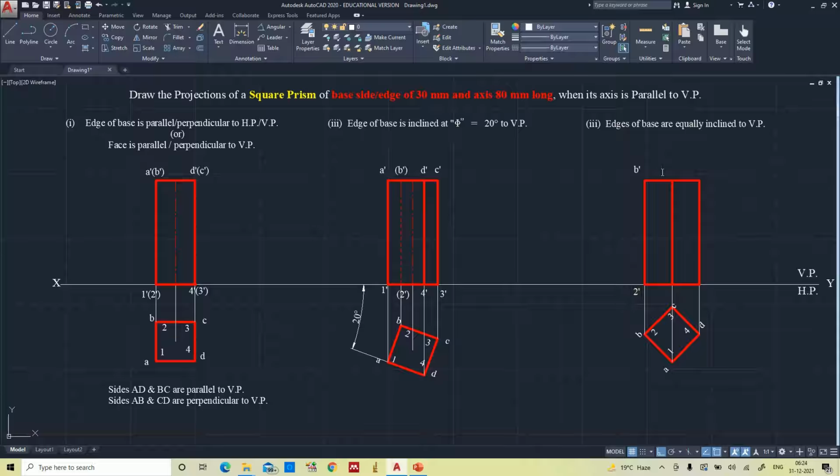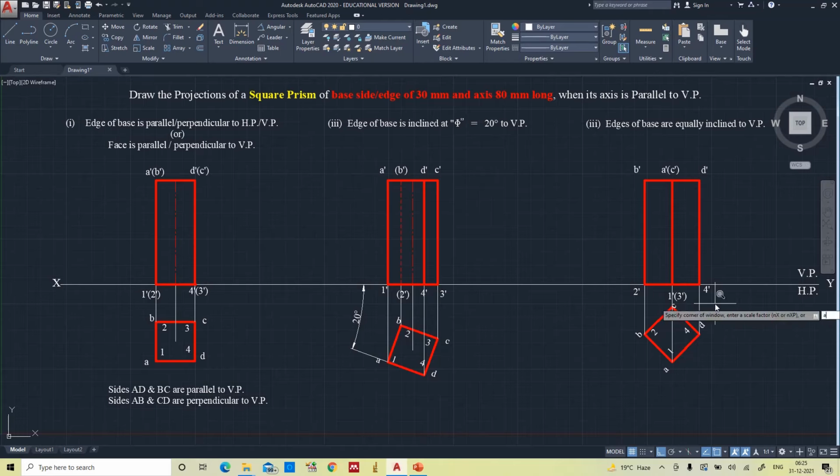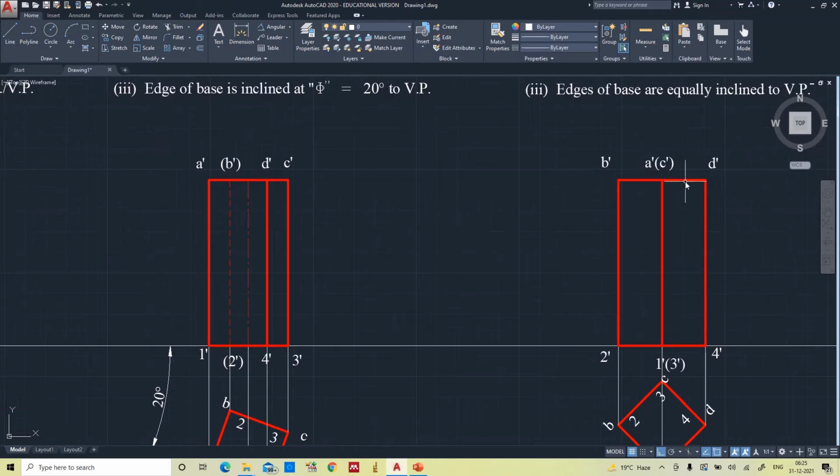Coming to the one, A dash is clearly visible, C dash is invisible, and now this is the lower one, 1 dash is clearly visible, 3 dash, and here D dash and 4 dash. Switch off the ortho.